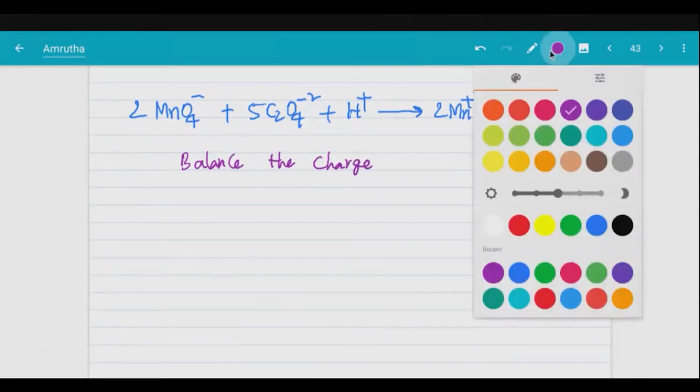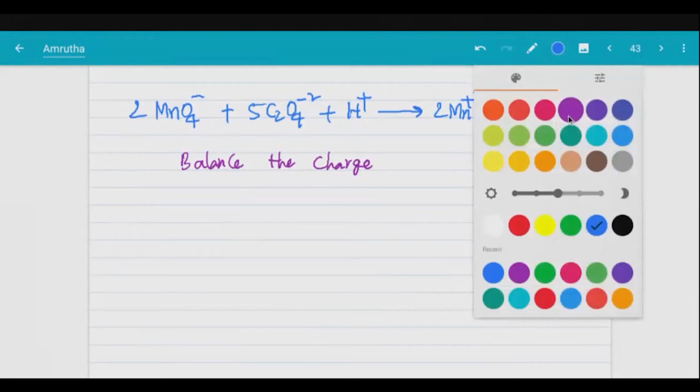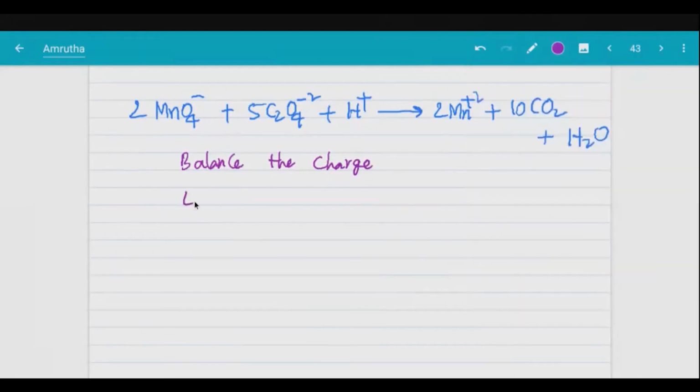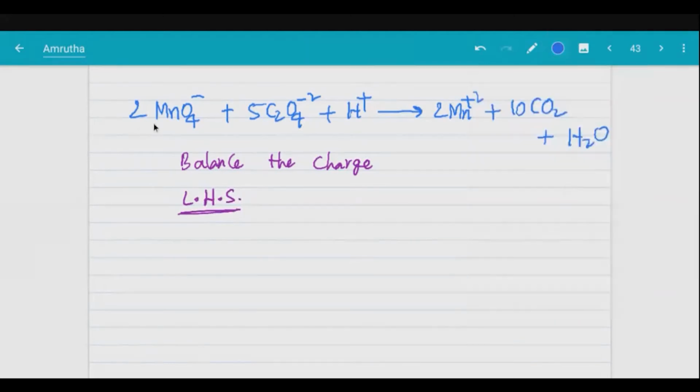Sir, how do we balance charge? See, look at the left side charge. Let me write LHS, left hand side of this arrow. Can anybody tell me what is the charge on left side? MnO4 is minus 1, but 2 times.